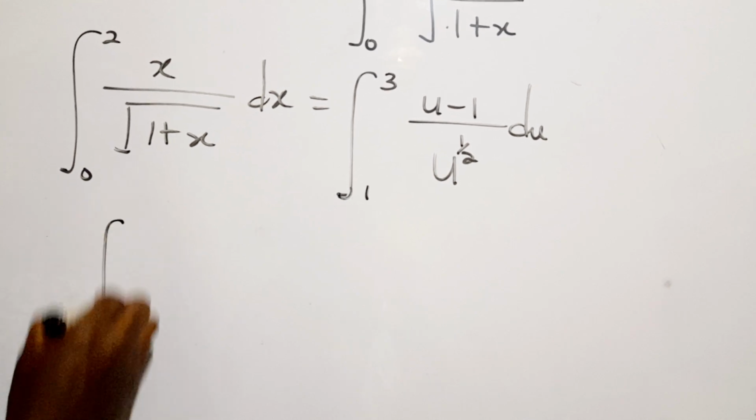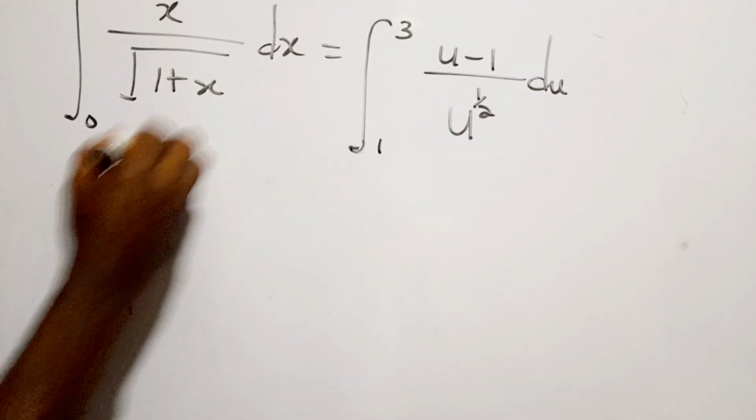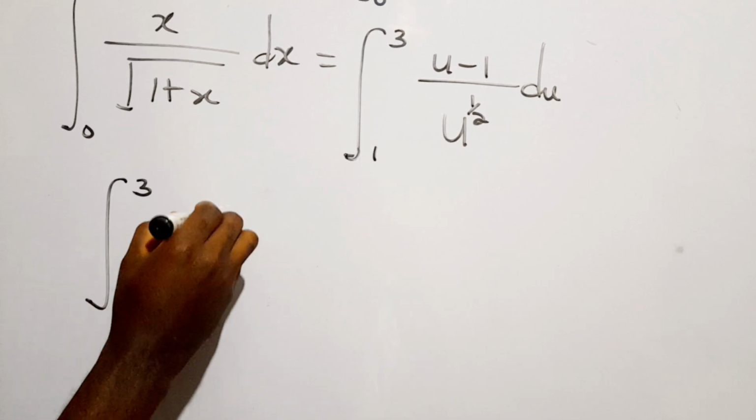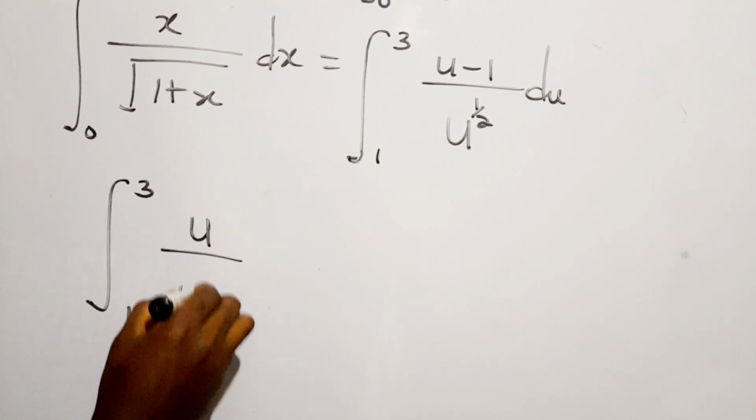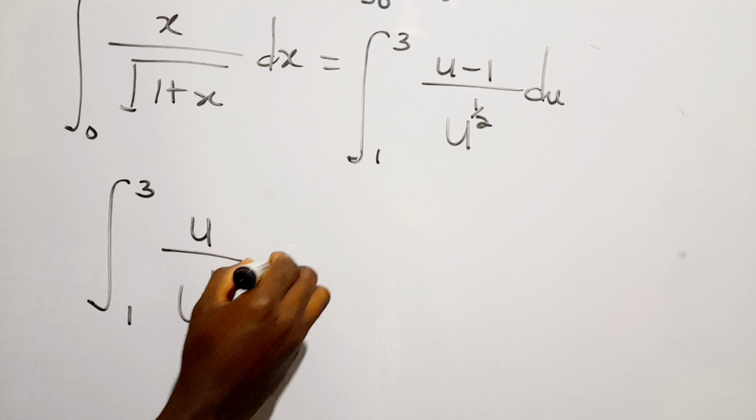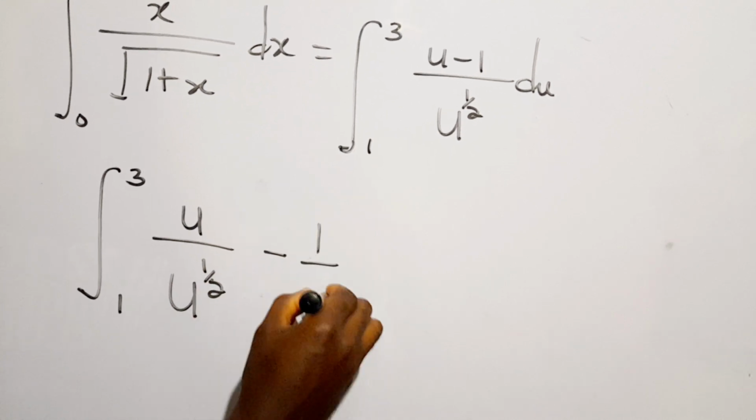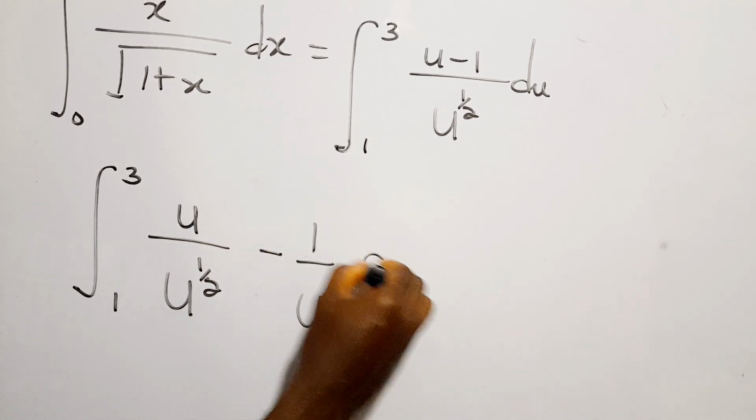So we can say the integral spanning from 1 to 3. This can be rewritten as u over u exponent half minus 1 over u exponent half du.